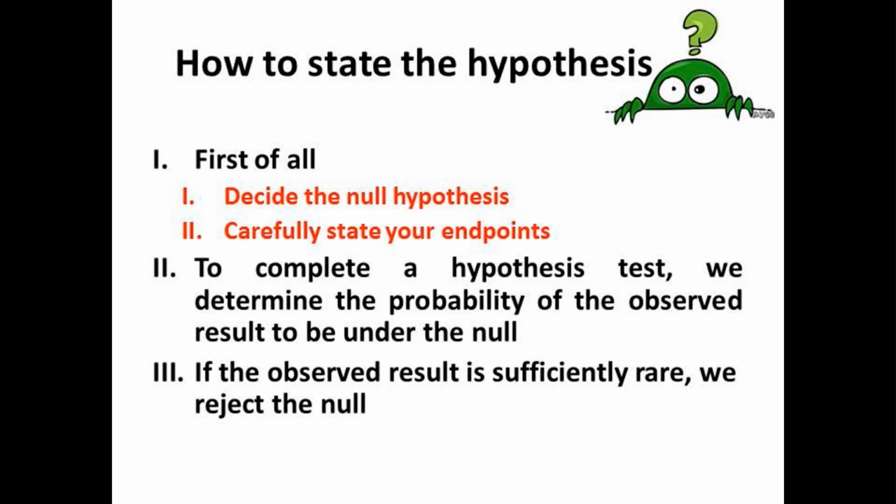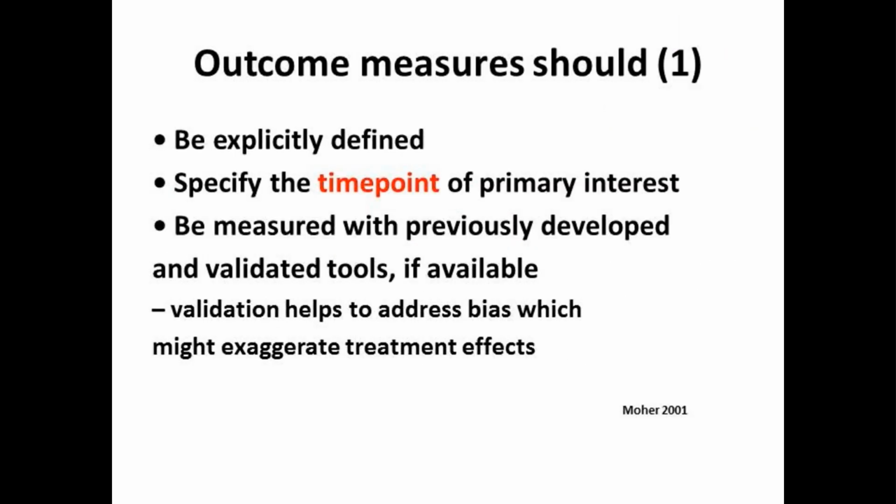We need to explicitly define these outcome measures, and we do have a time point which must be our primary interest. This should be measured previously with developed validated tools, and if available, this validation tool may help to reduce the biases that can be attributable to one of the two groups.